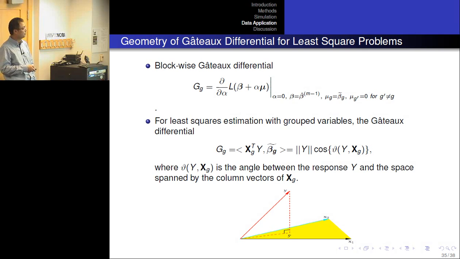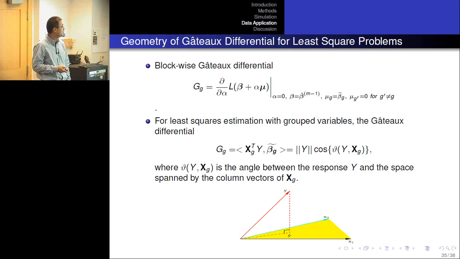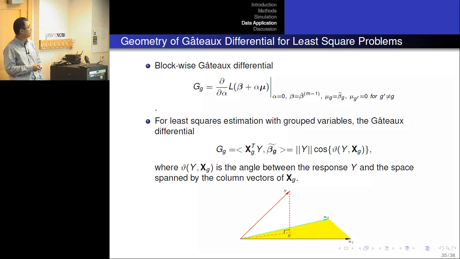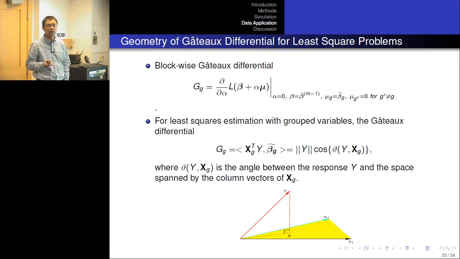If the outcome is highly correlated with the predictors, the angle between this vector and this space will be very small. That's why LARS just uses this kind of angle to determine which variable is important or not. And for problems outside of linear regression, we can use this Gâteaux differential to mimic this idea. We can use this Gâteaux differential as a measure to determine which group of variables is more important.